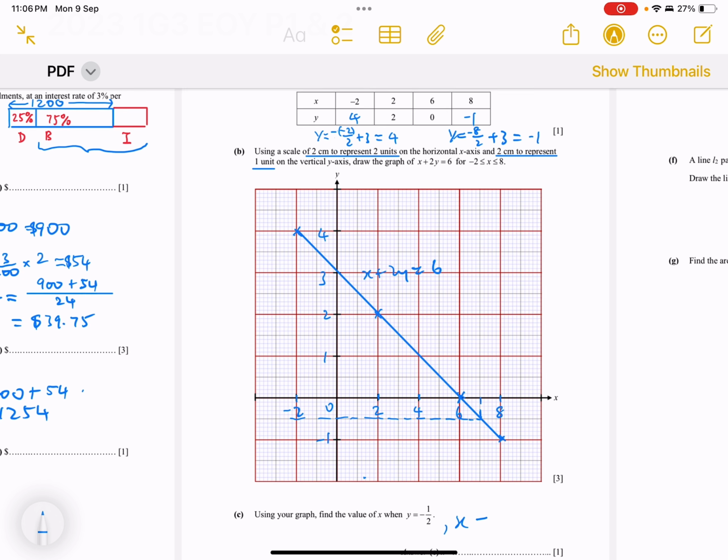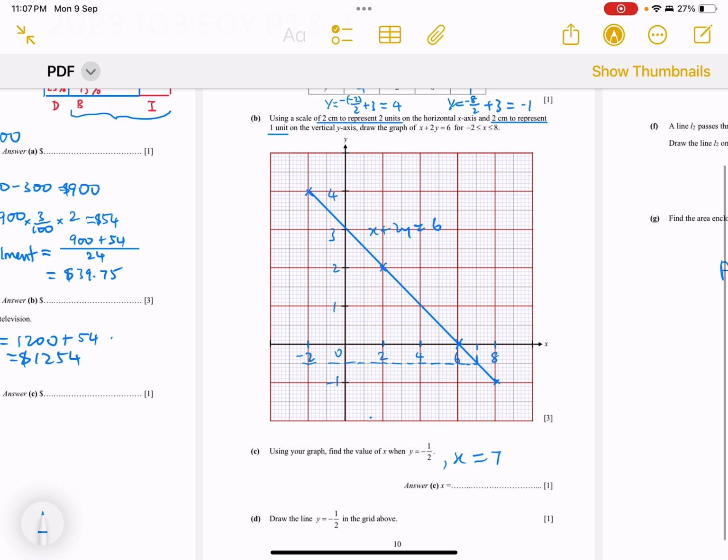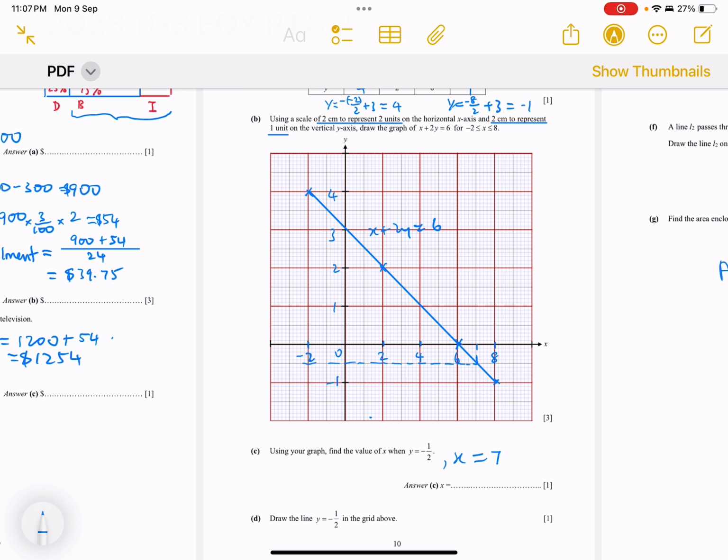So the value of x is 7. Right, between 6 and 8 is 7. Draw the line y is -half. Okay, I mean, they should have asked us to draw that earlier on. So this is the line, y is -half. Okay, label it, y is -half.